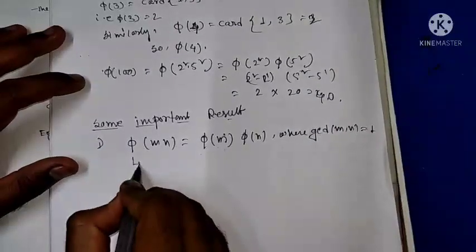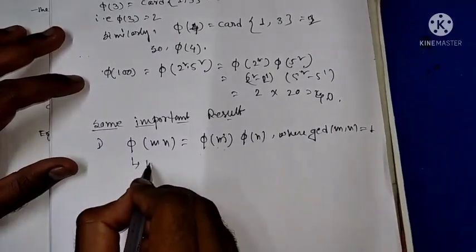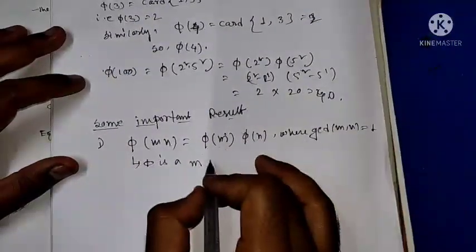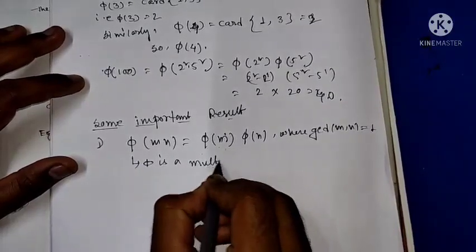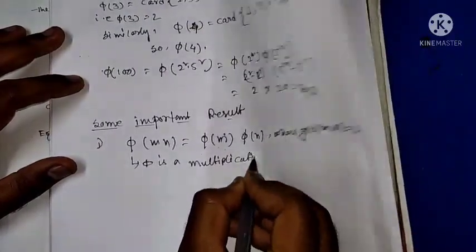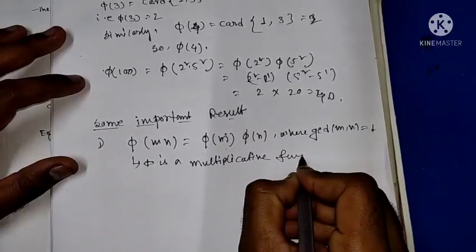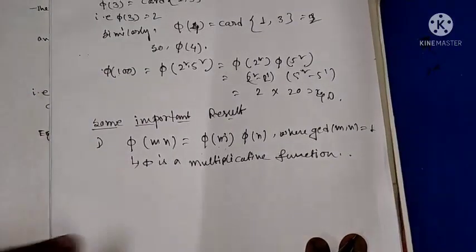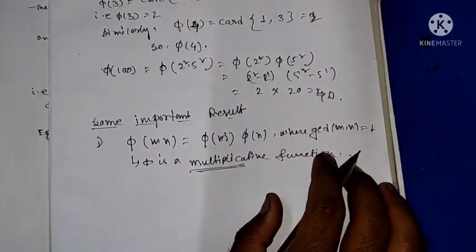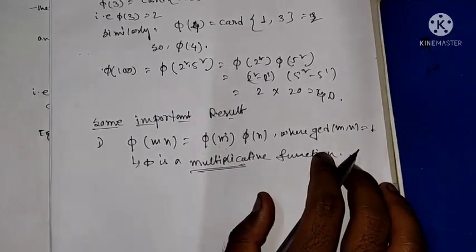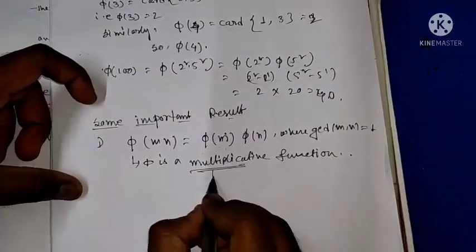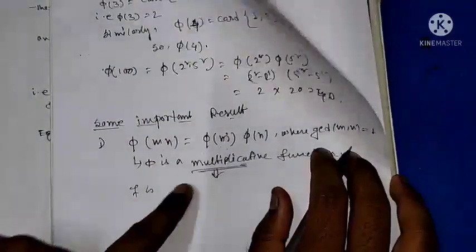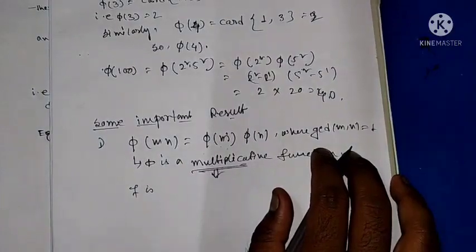Okay, here phi is a multiplicative function. What is a multiplicative function? A function f is said to be multiplicative if it is not identically 0 function.